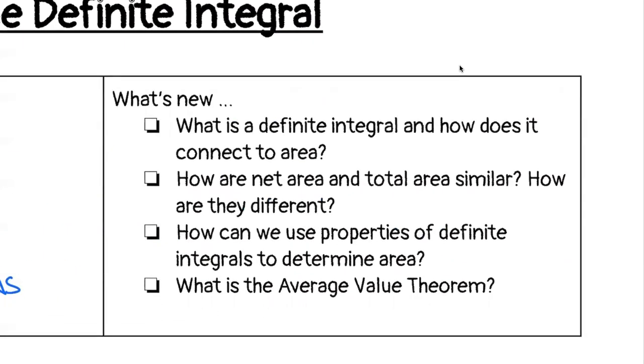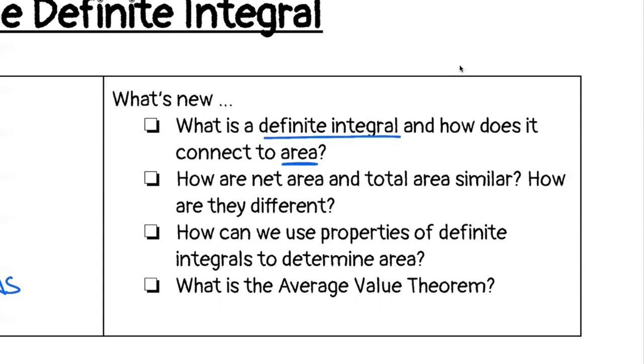Now, what's new? We're going to learn a lot of new stuff in this section. This is a very foundational section for the last 3 weeks of our class. We will be answering a few of these questions. What is a definite integral? How does it connect to area?